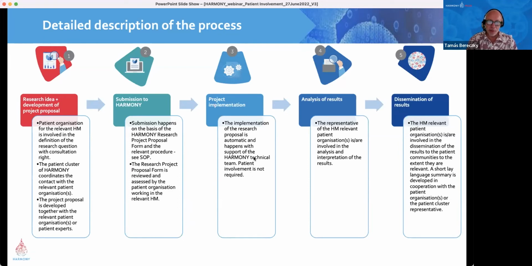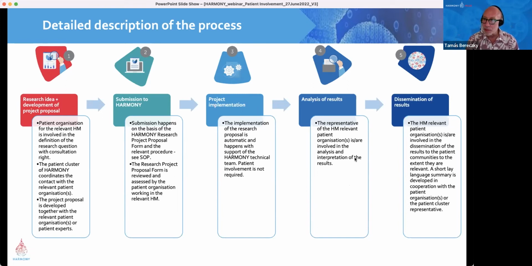During the implementation phase, we acknowledge that patient involvement does not really make so much sense when the data are being crunched by the platform, and that's more like IT expertise that's needed there, and statistical knowledge. And while some of this knowledge is available in the patient organizations, we are far from being able to say that that's where our expertise is. Therefore, it makes more sense not to involve patients very actively at this stage.